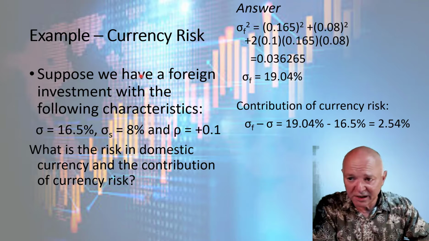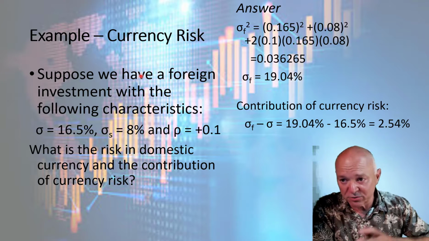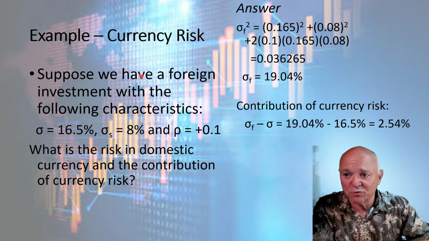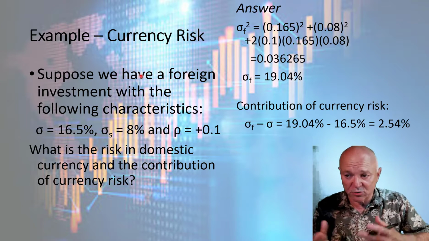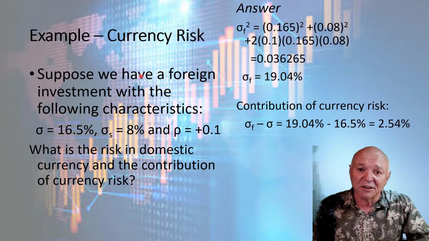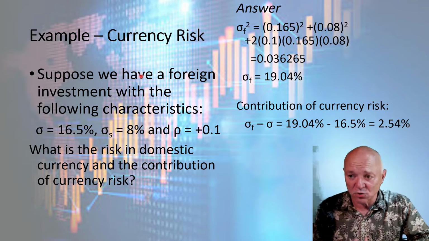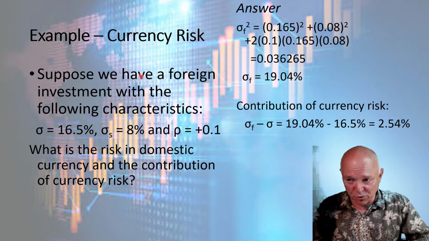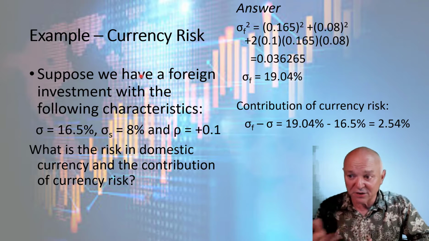We'd start off by taking a look at the variance of our portfolio. Calculation of the variance, or the sigma squared, for our overall foreign investment is going to be the standard deviation squared, or the volatility, plus the volatility of the underlying currency, the sigma s squared, plus 2 times the rho, 0.1, times the standard deviation of the currency times the standard deviation of the investment, the standard deviation of the stock.